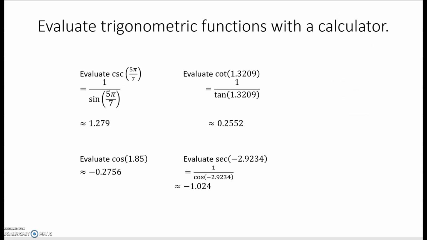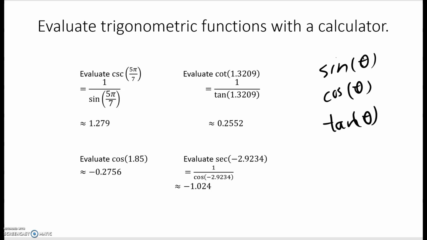Okay, last but not least, we need to be able to evaluate trig functions with a calculator. Now, your calculator is going to have sine, cosine, and tangent, but it won't have the reciprocal of these.